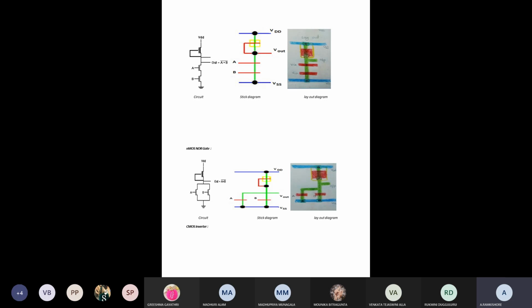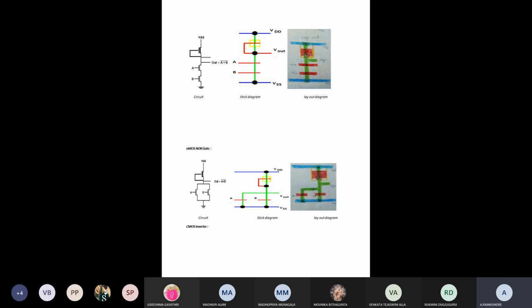So after the stick diagram, we have to draw the layout in the same manner, but we have to use some scaling factors. The scaling factors are nothing but, for metal we have to use 3 lambda, that is a standard consideration.